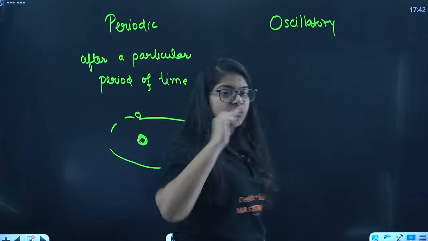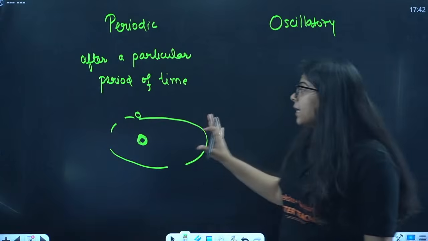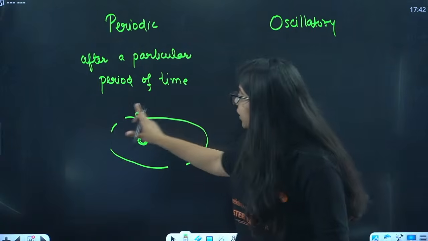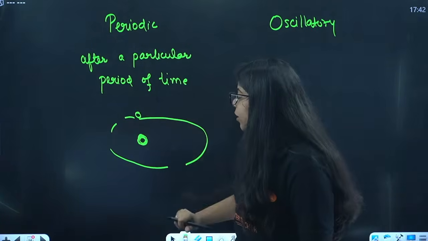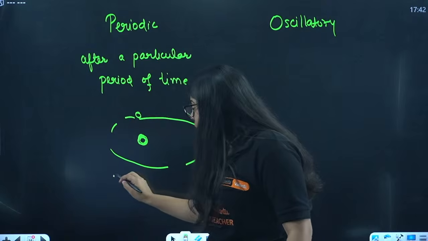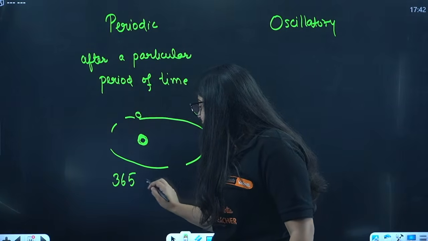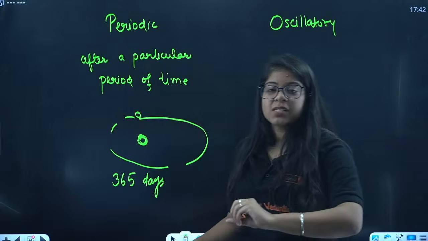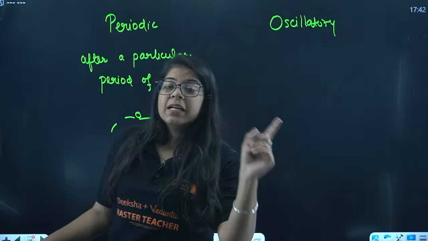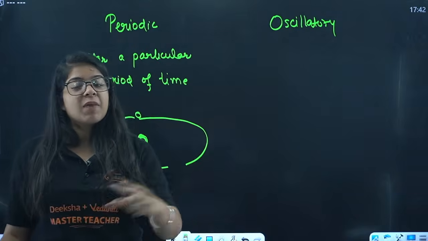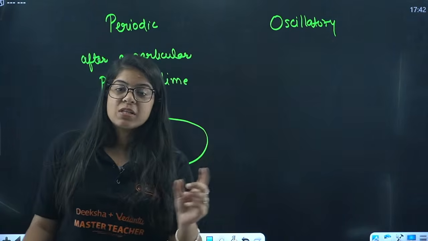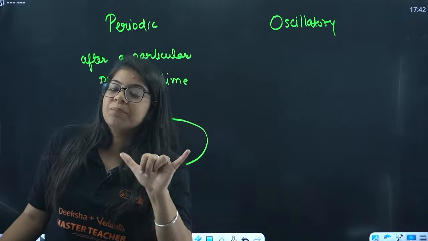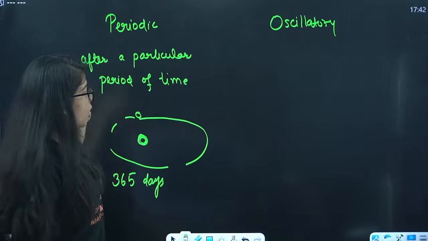It is continuously revolving around our sun, and it has a periodic motion. That means it has a specific time in which it completes its motion. That is your 365 days, right? And once a leap year, but typically 365, 366 days. So it is continuously doing the same kind of motion in that period of time. Okay, so this is periodic motion.